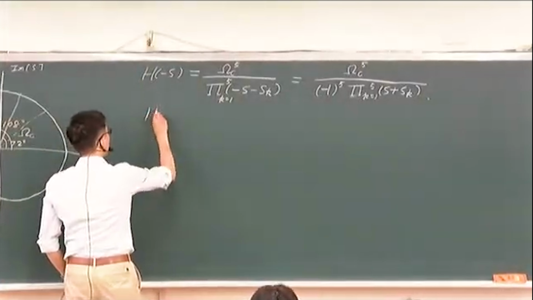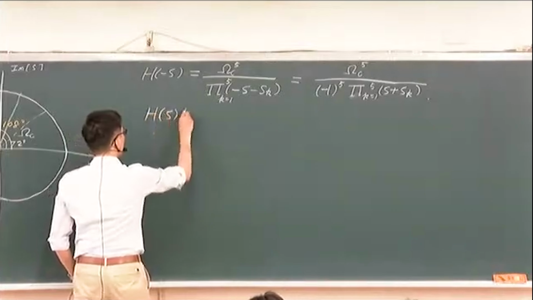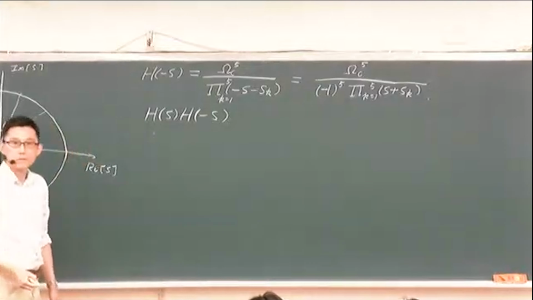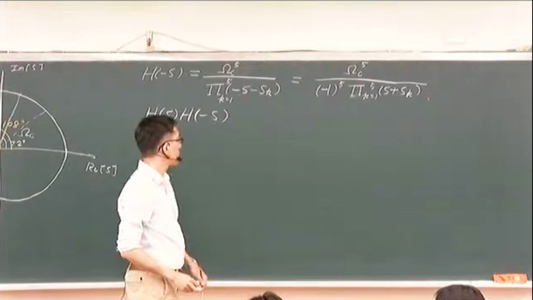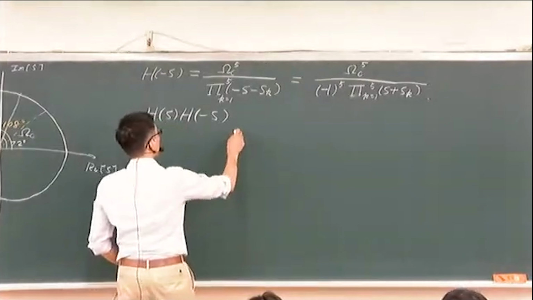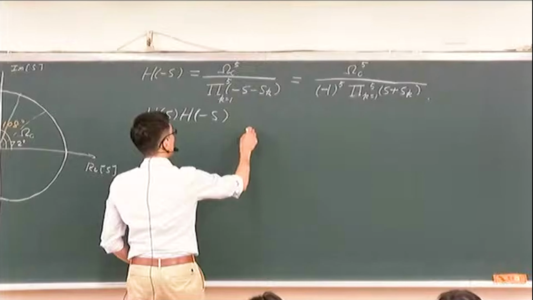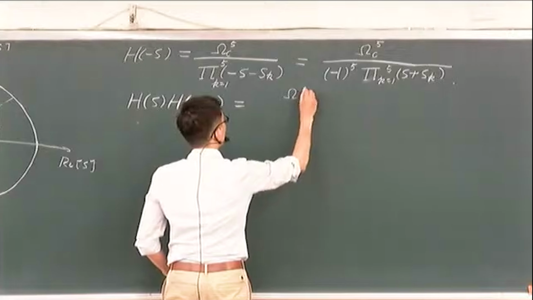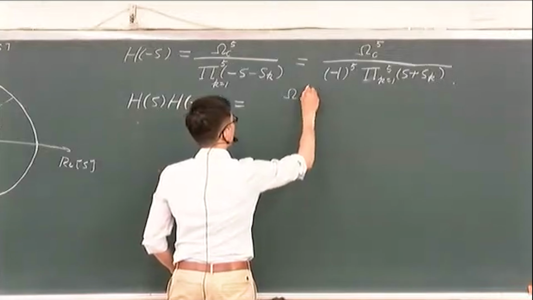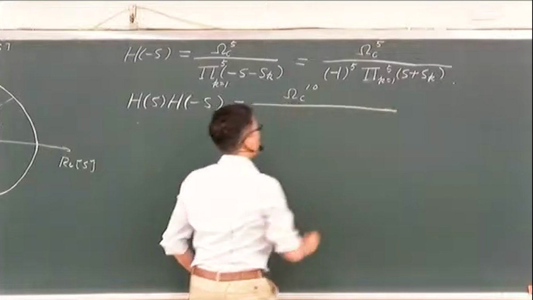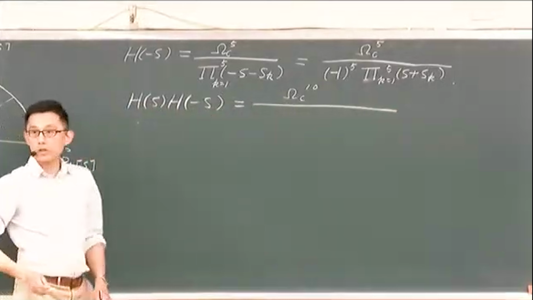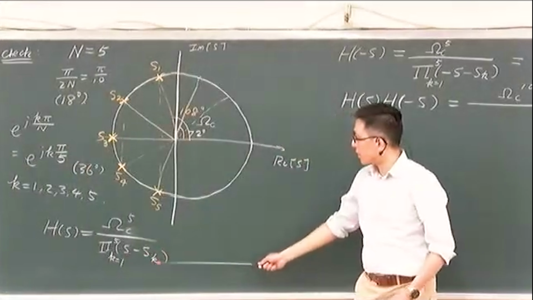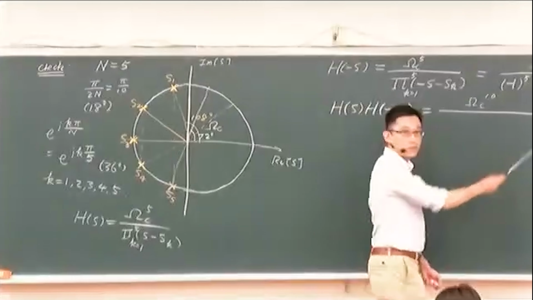And the next step is let's consider the product of H of S with H of minus S. Now, we have omega C to the 10th power on top. The top multiplies, right? How about the bottom part? Here, the bottom part is S minus SK, and there, the bottom part is S plus SK.